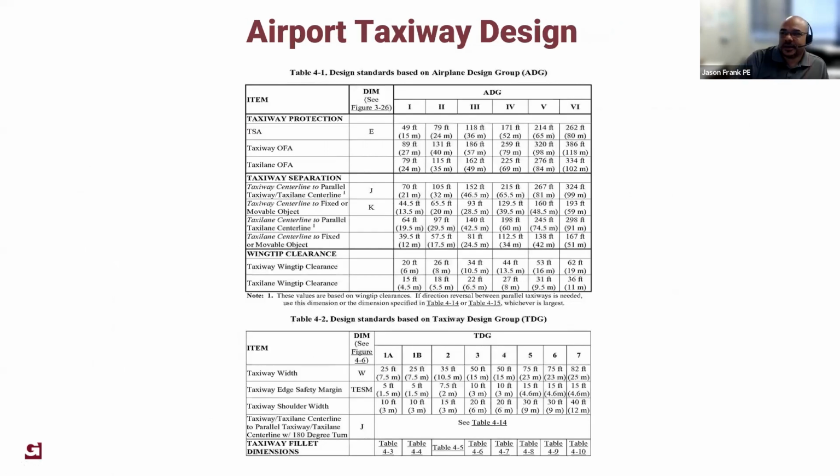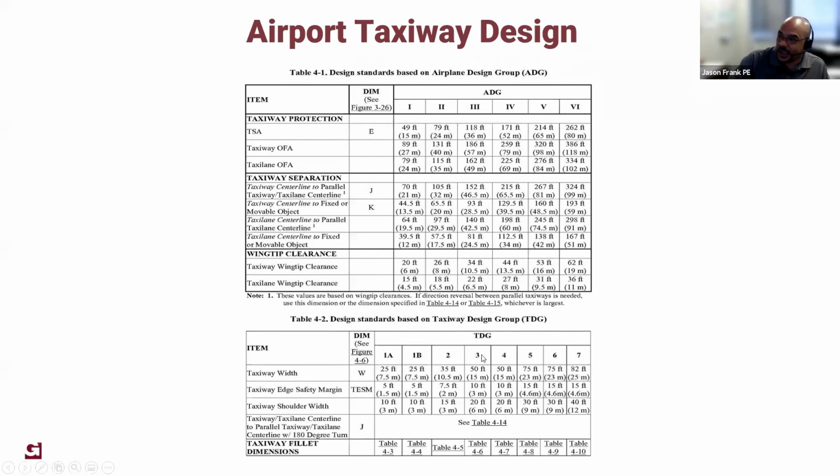Taxiway design uses the same type of charts. It is not as intuitive as the runway charts, but it is found along those same lines when we get into the airplane design group. Again, we have 6 categories here, but we also have another 7, or actually, was it 1A and 1B?